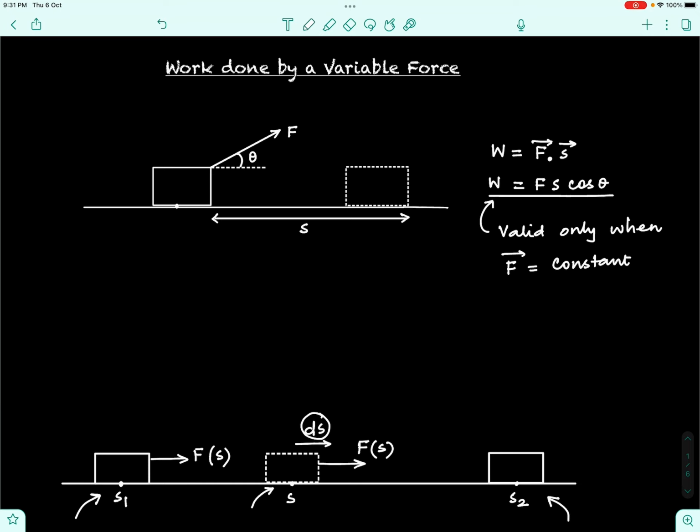The significance is that in this case, if we try to find out the work done, we can assume that for this small displacement ds, the force did not change appreciably, it remained almost a constant. So, for finding out the small work done in creating this small displacement ds in the block, we can still use the above formula just by replacing s with ds.